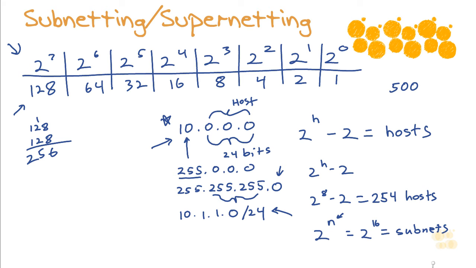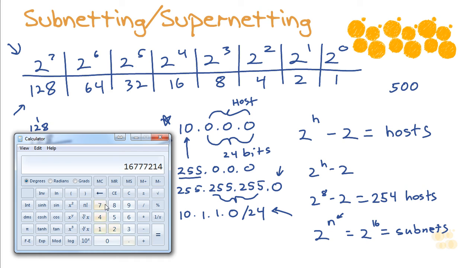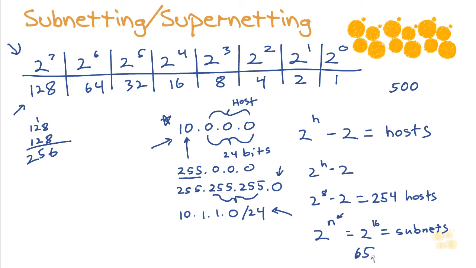Let me grab our scientific calculator once again. Let's clear that calculator and we'll do 2 x to the y 16 equals, we could have 65,000 and change, we don't have to be exact here, networks. And each of those networks could accommodate 254 machines. So you see the incredible power of subnetting.